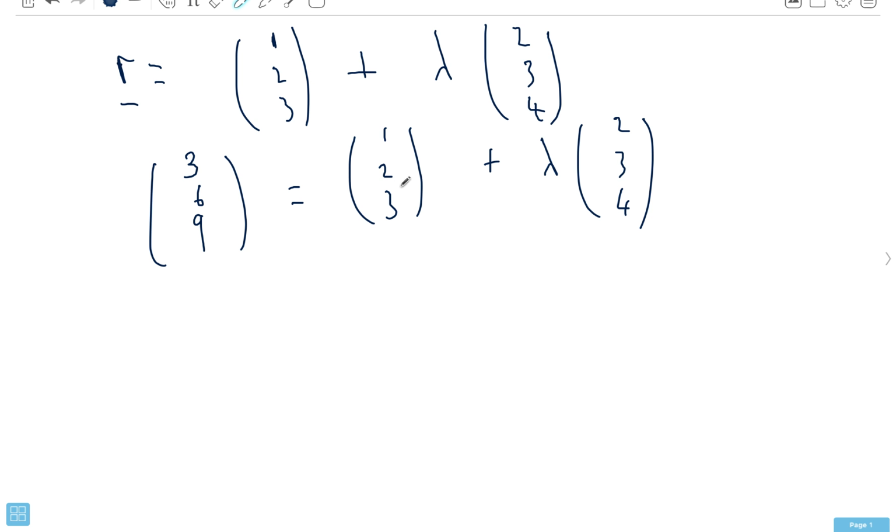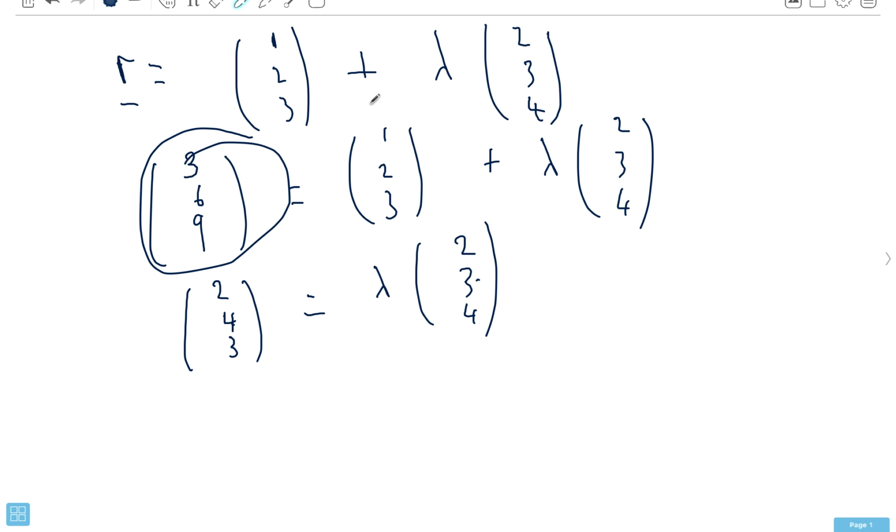Taking away (1, 2, 3), we have 3 minus 1, which is 2, 6 minus 2, which is 4, 9 minus 3, which is 6, is equal to lambda (2, 3, 4). And as you can see, 2 is equal to lambda times 2, that means lambda must equal 1. But when lambda equals 1, then 4 equals 3, which is not right. So this point is not on this line.